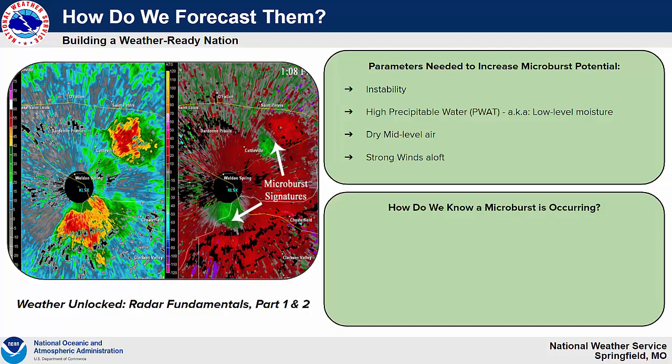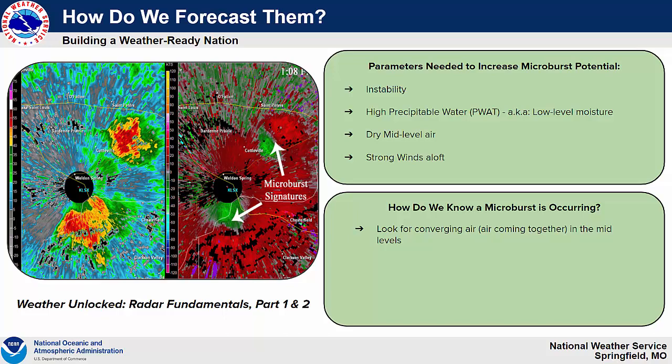Now, when a microburst is occurring, we can interpret the radar data and see the microburst signatures, especially on the velocity product. A couple previous Weather Unlocked videos on radar fundamentals explain how you can interpret and understand radar products better. When a potential microburst is occurring, we can look for converging air or air coming together, especially in the mid-levels.